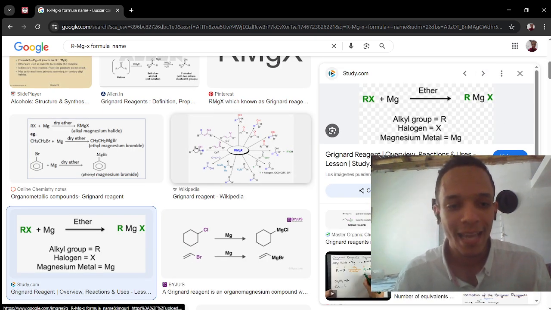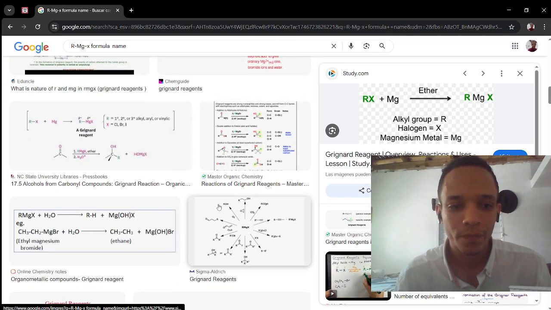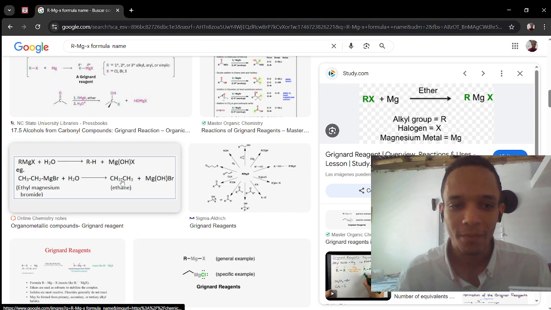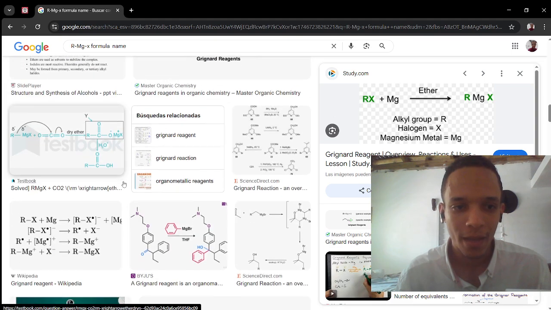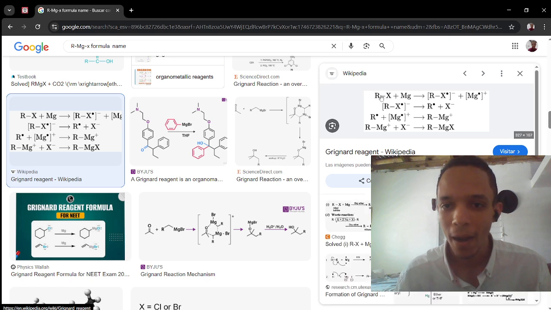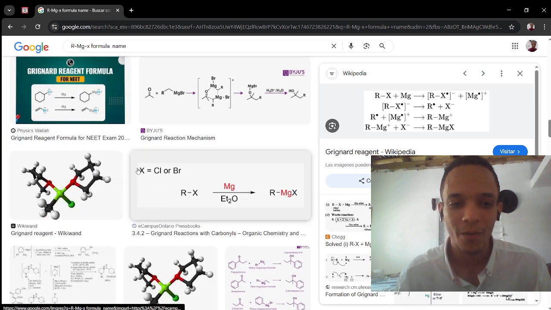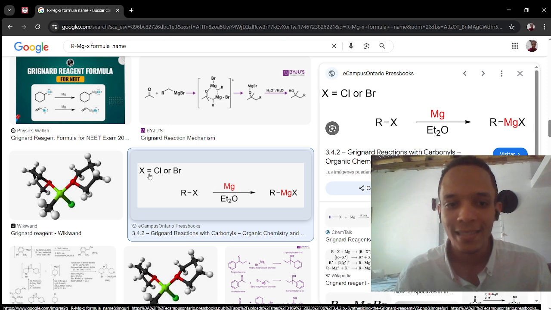But actually, the X could be whatever other element. Let me show you. For example, you see R minus X here. Yes, it is because X can be, look, this other: X is equal to chlorine or this Br.